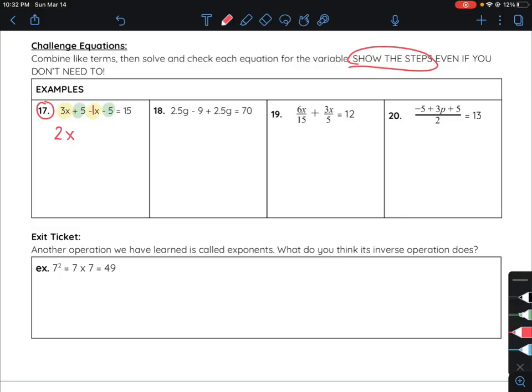Plus 5 minus 5, that makes a 0. So those actually cancel, and it equals 15. So draw your line down. On both sides, divide by 2, because we see multiplication by 2. That makes a 1. 1x is just x, and half of 15 would be 7.5.